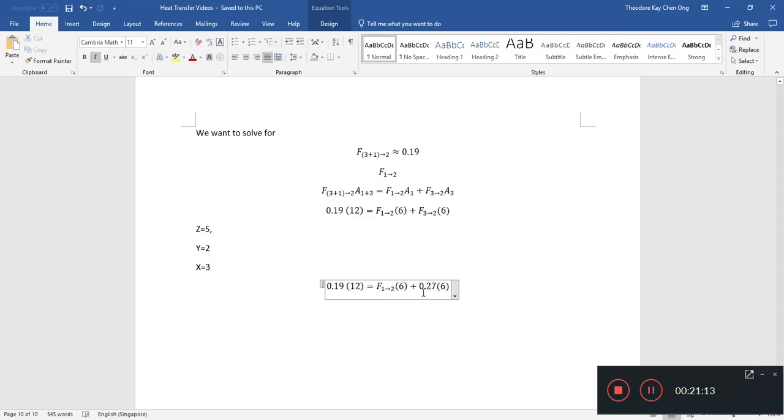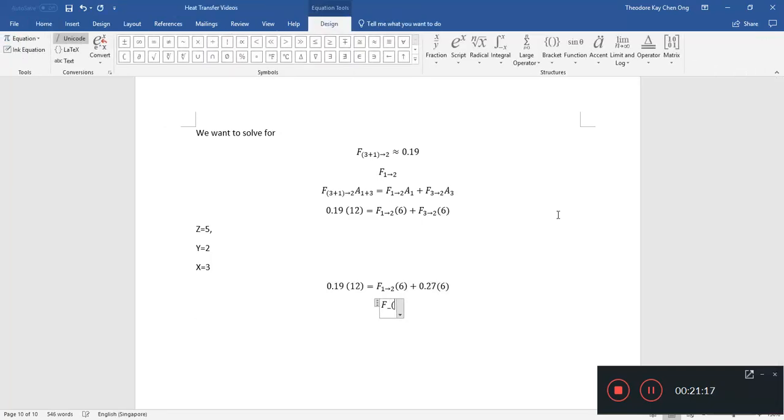Okay. Alright, so F1 to 2 can be estimated in the following manner. 0.19 times 12 plus 0.27 times 6, and that divided by 6. So that's 0.19 times 2 plus 0.27.